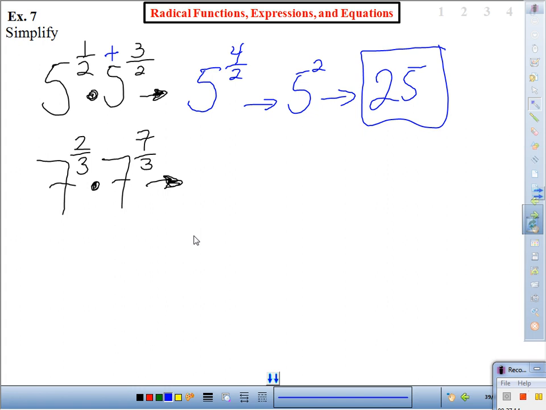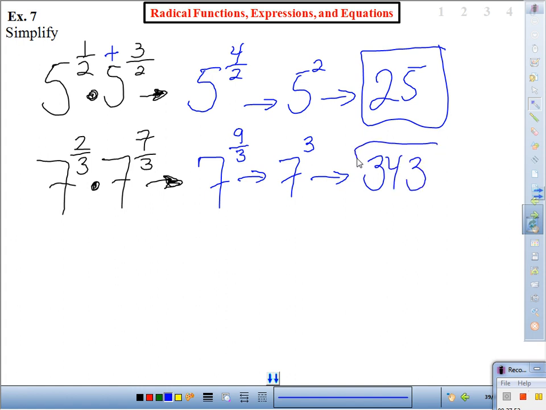Nayeli, do we have the same base? So it's 7. So what is 2/3 plus 7/3? 9/3, which becomes 7 to the, did you simplify? That is 343. Hands if you got that. That is correct.